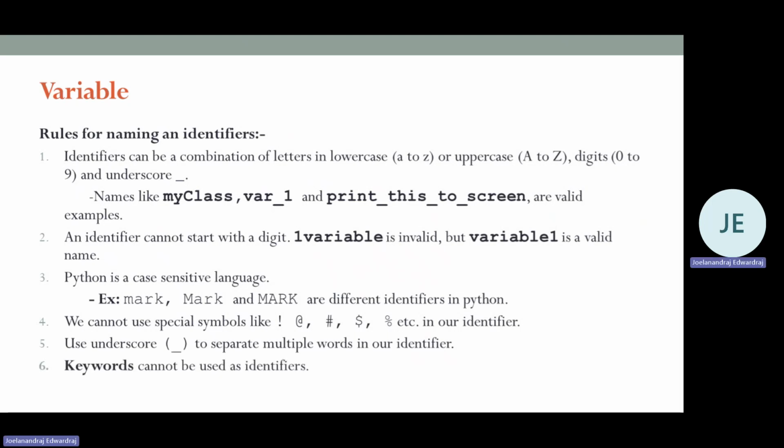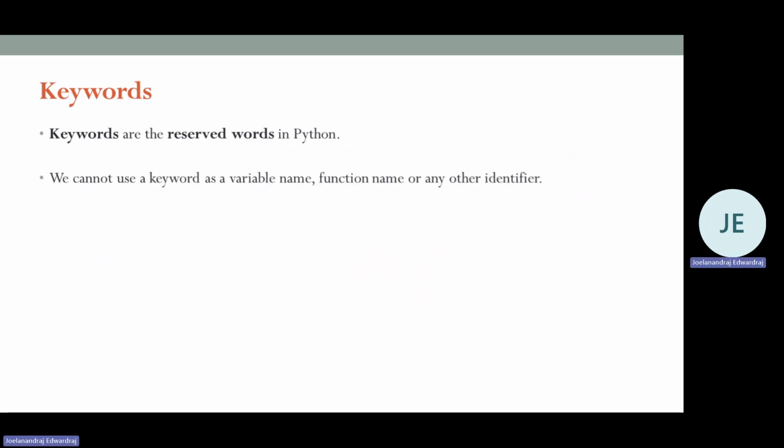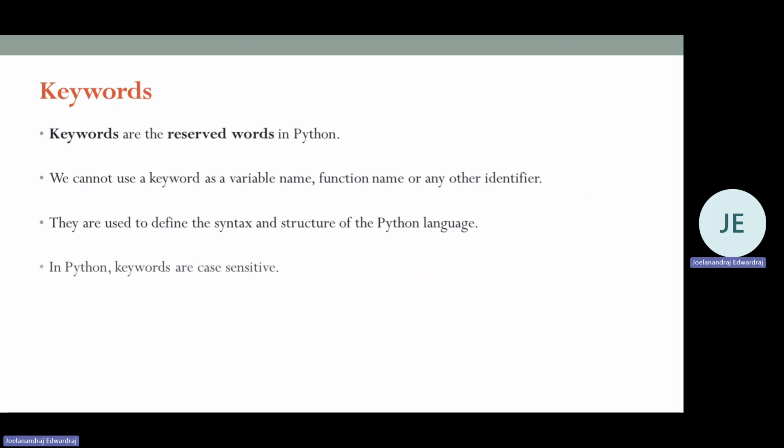And finally, you cannot use keywords. Keywords are special words, and you cannot use keywords as a variable name. The next topic is keywords. Keywords are reserved words. Each and every keyword has its own purpose. You cannot use these keywords to name any variable or function. They have their own syntax, and when used in the right place, they convey a different meaning. Keywords are also case sensitive.